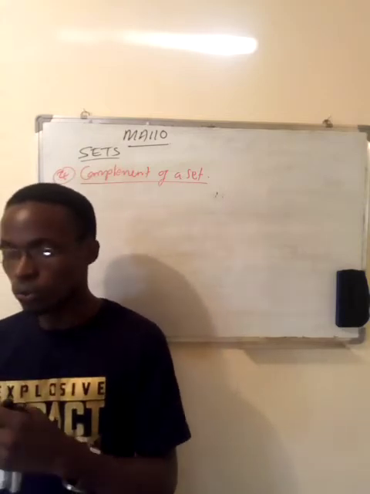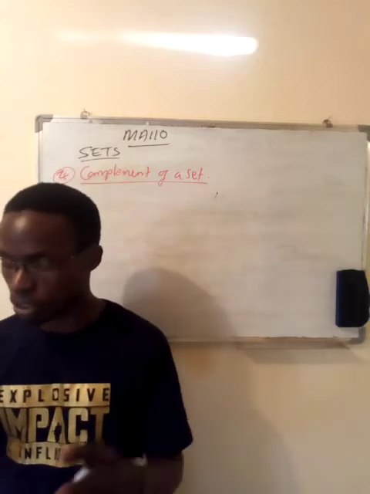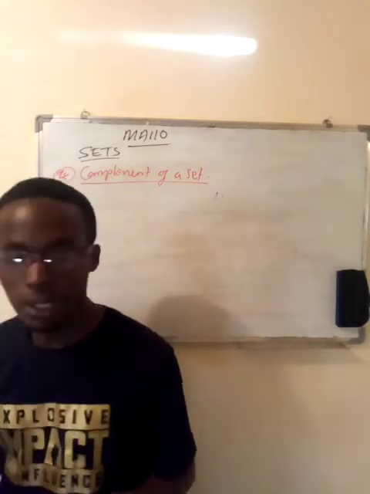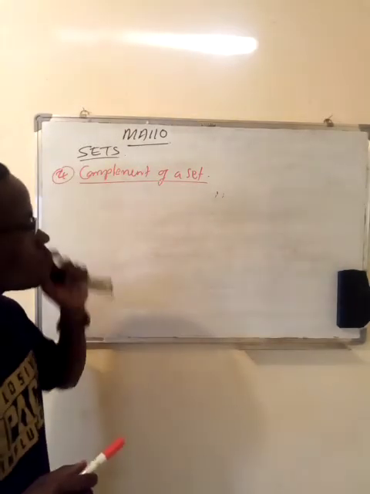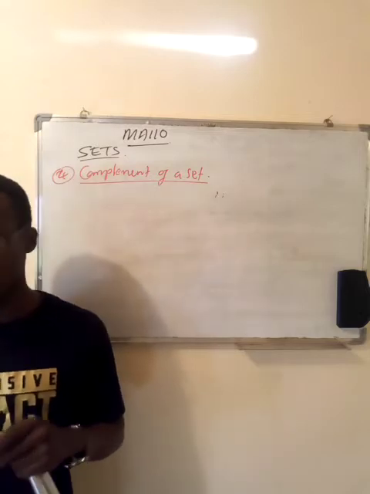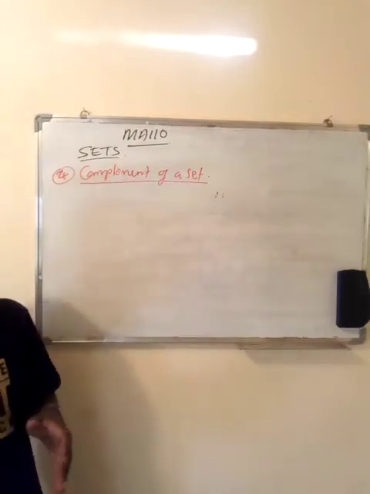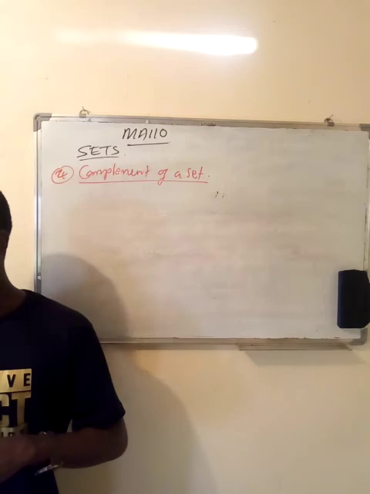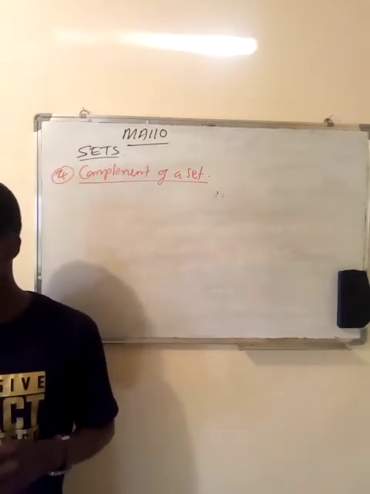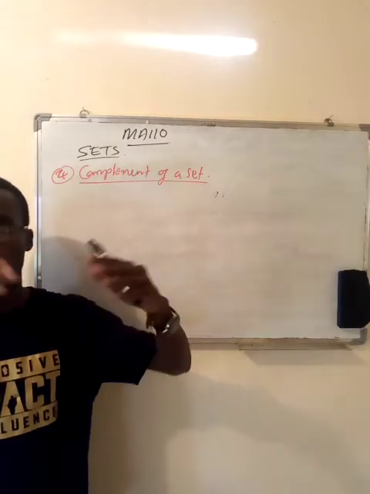So you say that the complement of a set is the set of elements that are not part of it, written as a superscript.